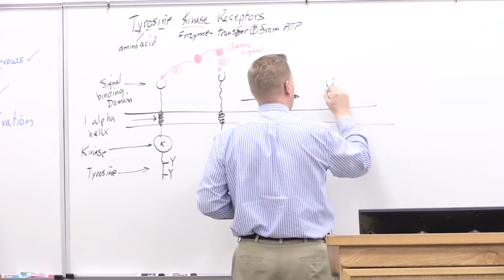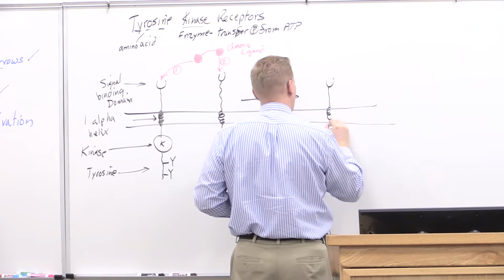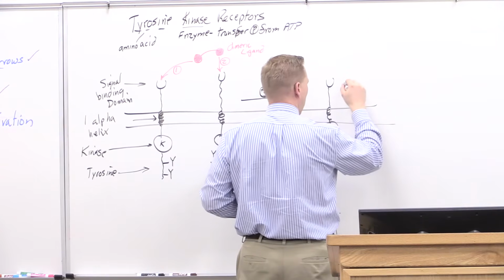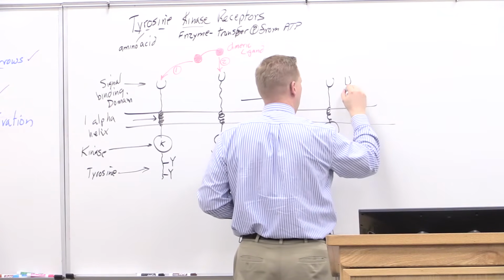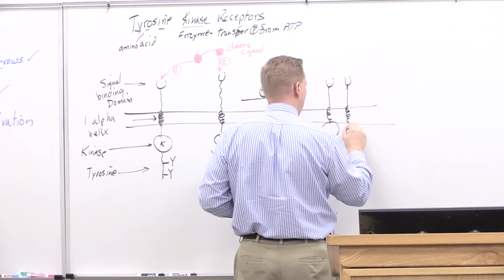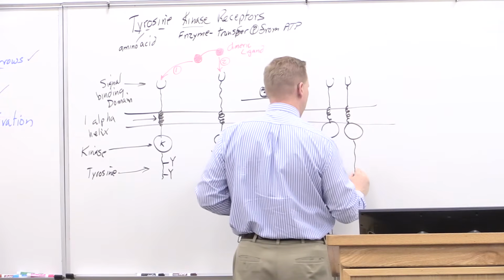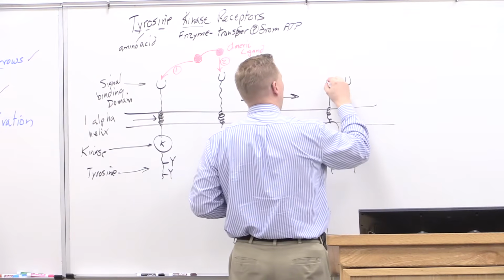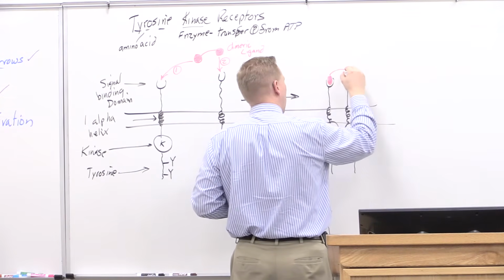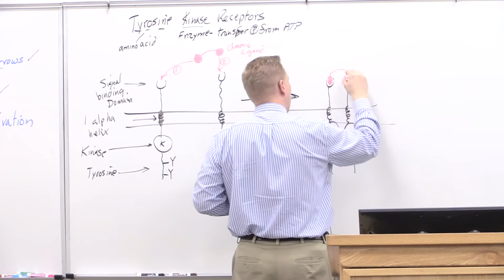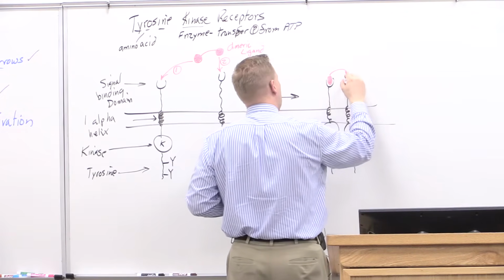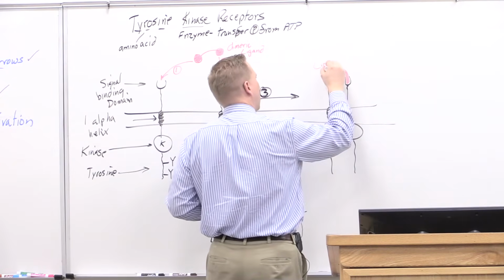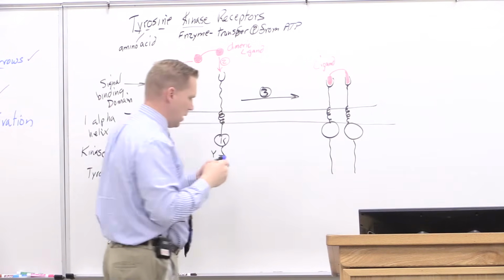So in step 3, we get something that looks like this. And so here is that dimeric ligand holding those two receptors together. Okay?